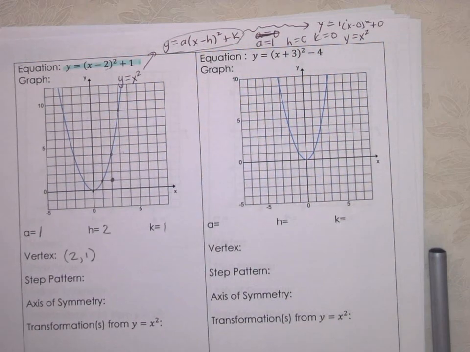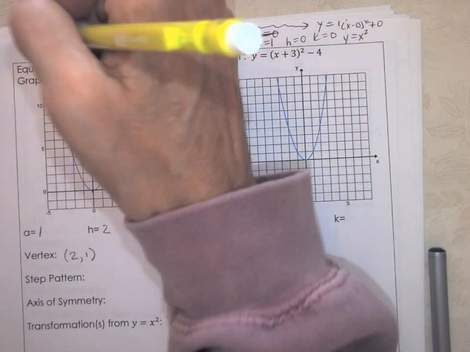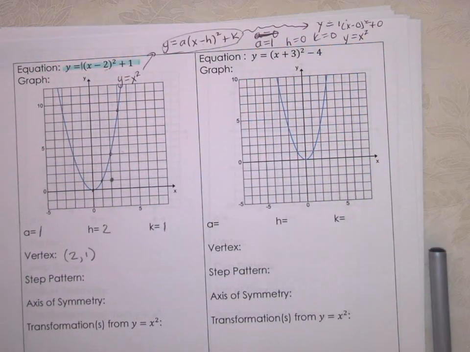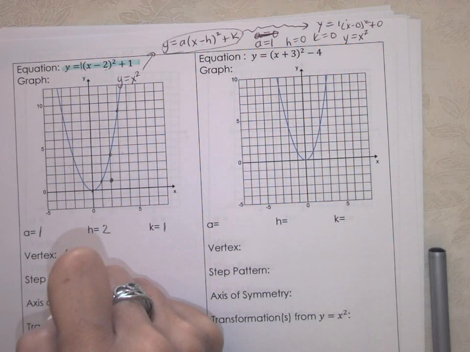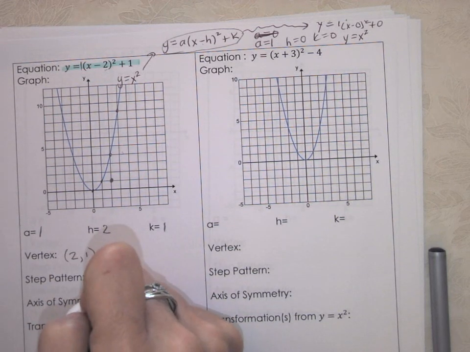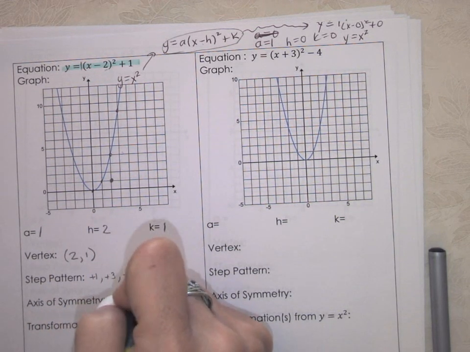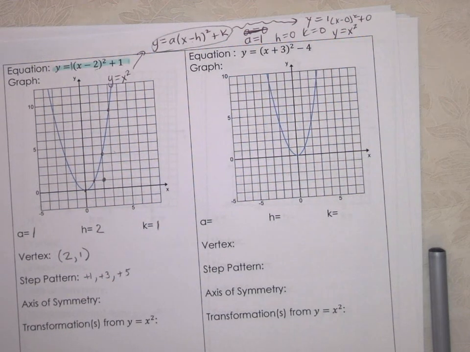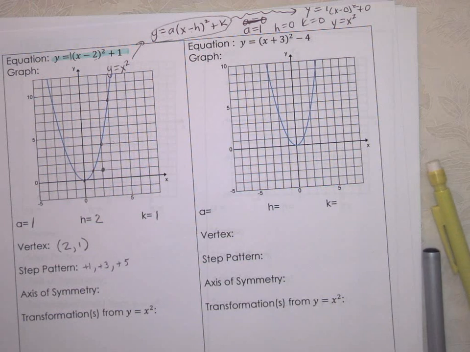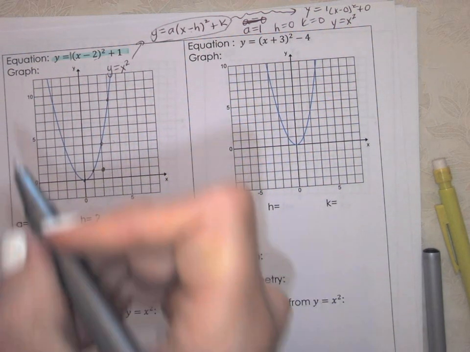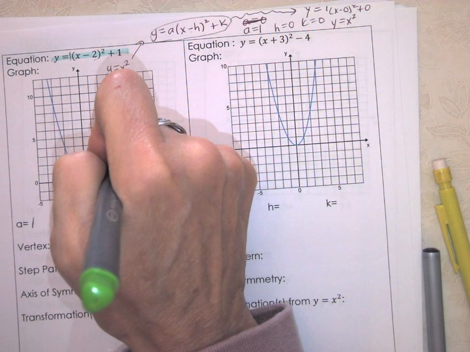So there's our new vertex. Our step pattern, since there's just a 1 out front that we don't need to show, is still going to be positive 1, positive 3, positive 5. Okay, so from the vertex, we would go on both sides over 1, up 1.